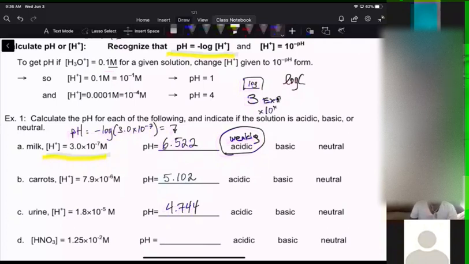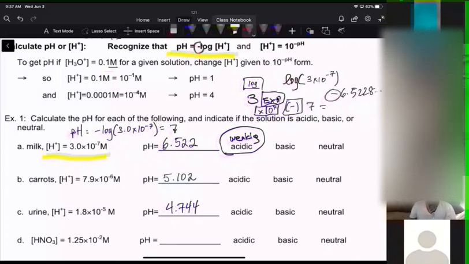So these are buttons. And then I do the negative button, and then 7. Right, and then I'm going to do equals, and I end up with minus 6.5228.